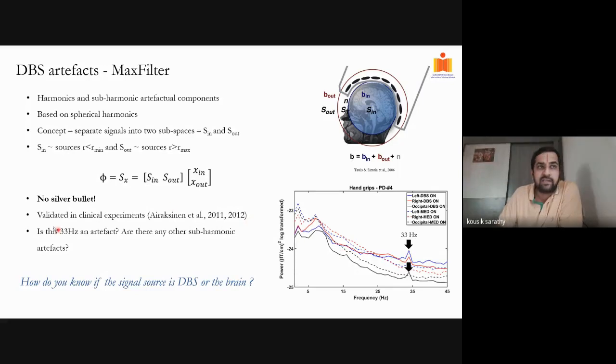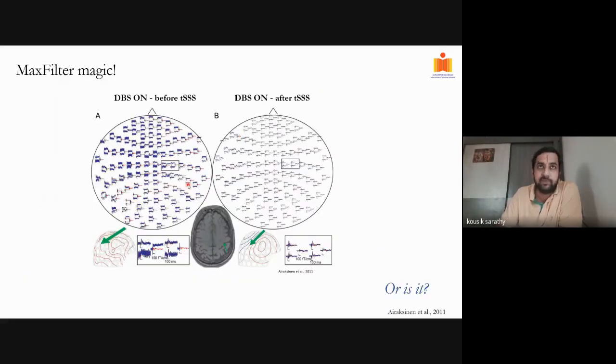Right? And when I said MaxFilter or TSSS as it's called, it has been validated before on some data. So this is data with somatosensory evoked field, where you electrically stimulate the median nerve, and about 20 milliseconds later you can see evoked potentials in the brain. So this is a very standard way to probe the integrity of your ascending tract.